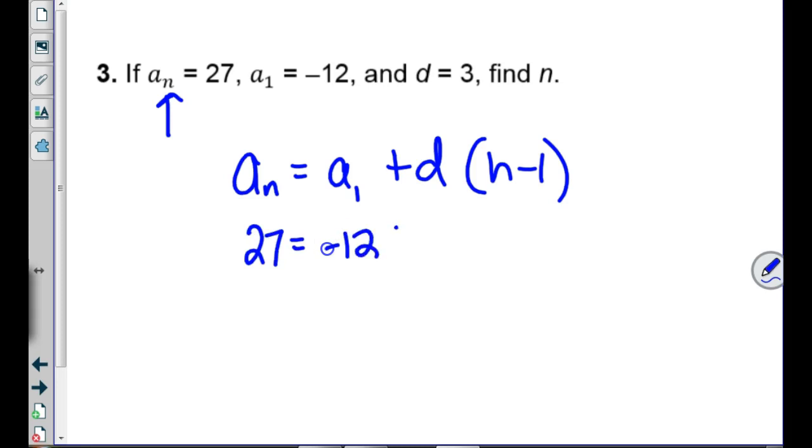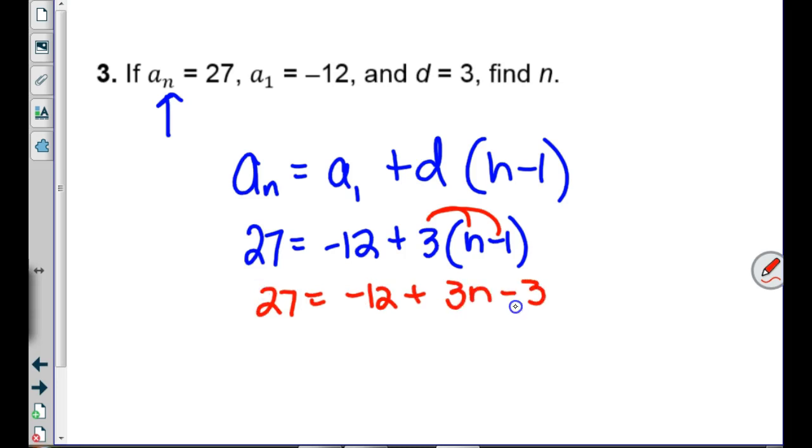Negative 12 plus 3 times n minus 1. Now, can I add these together and get negative 9? No. Only if you want to fail pre-calc, right? We could distribute, or we could just do order of operations backwards. What do you want to do? Distribute? Is that what most of you would do?